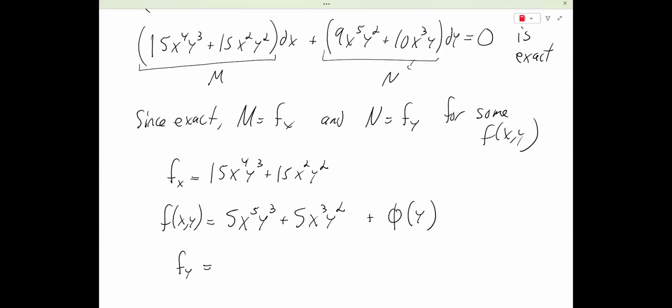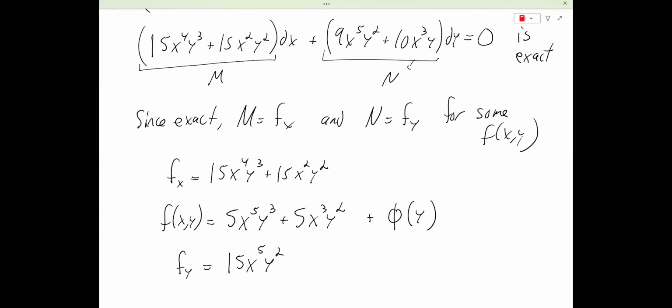That would be 15x to the fifth y squared, with respect to y, right?